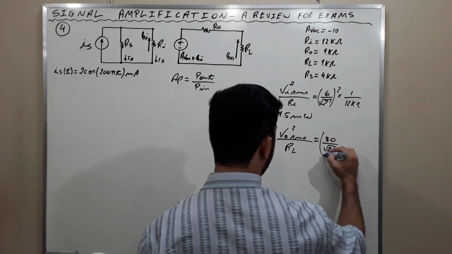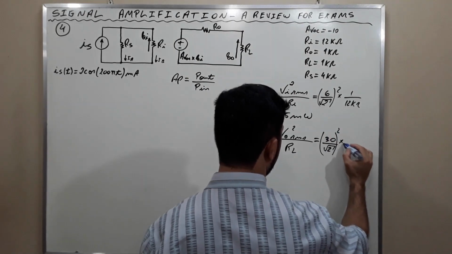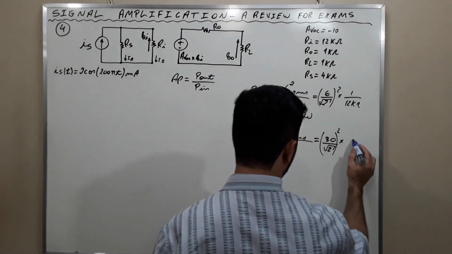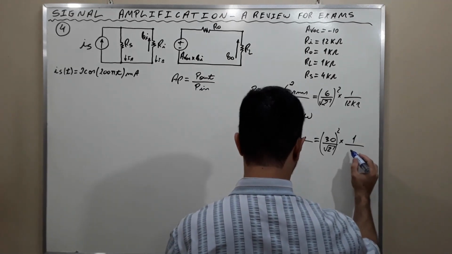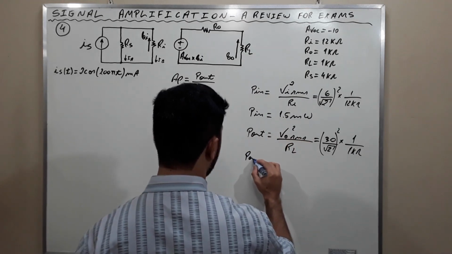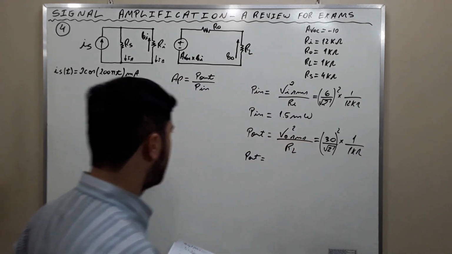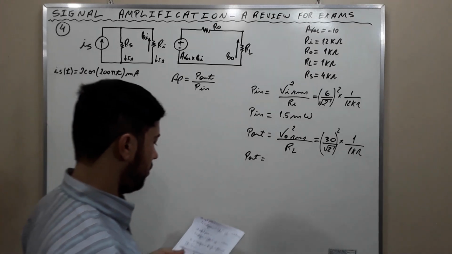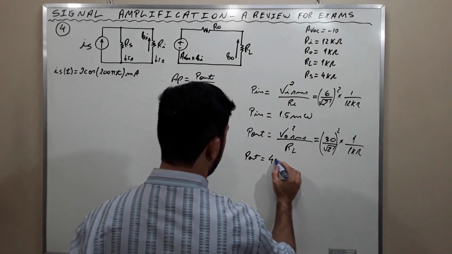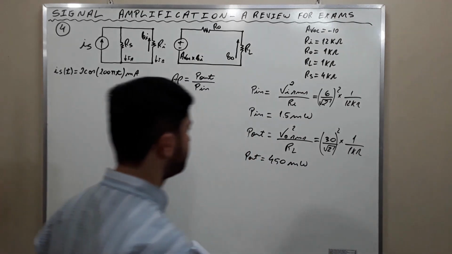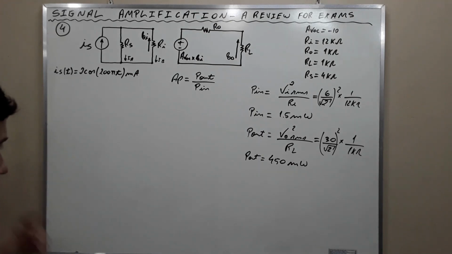And we square it and we divide by the load resistance. The output power is in this way 450 milliwatts. Okay?